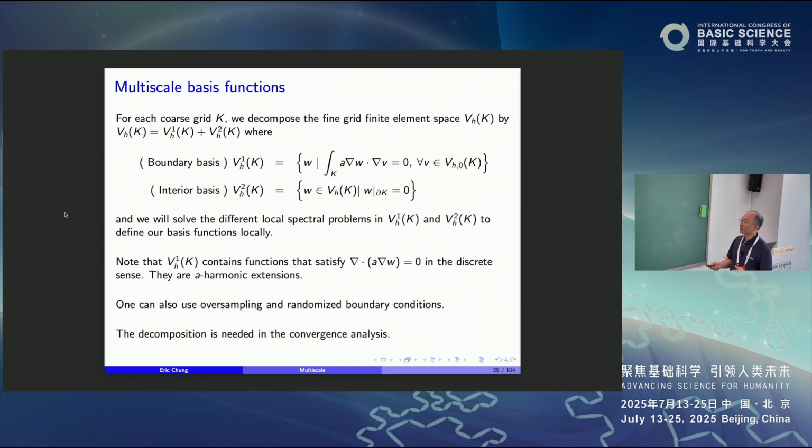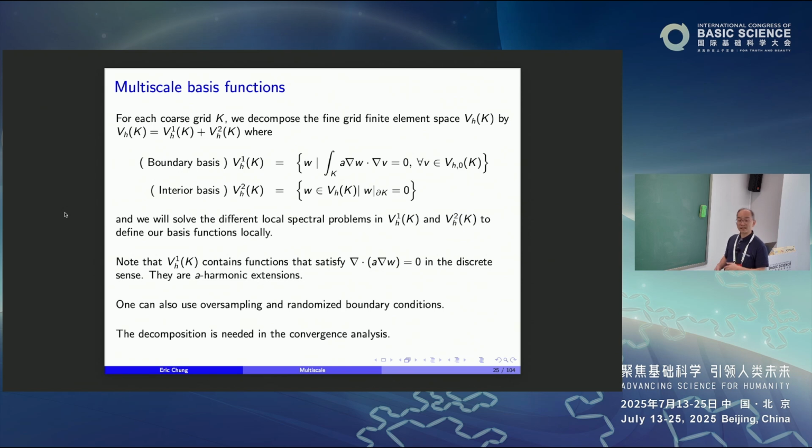So next we define the basis. Within a coarse cell K, we try to decompose this space into two components, V1 and V2. So what's V1? V1 is all the functions that satisfy this equation.